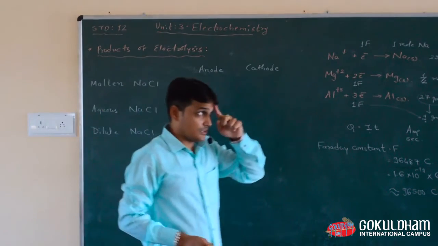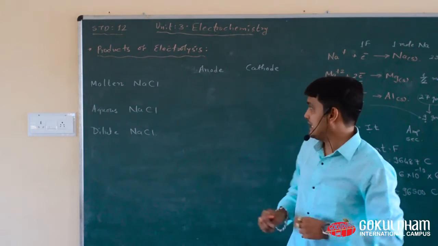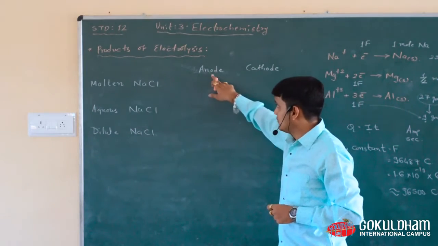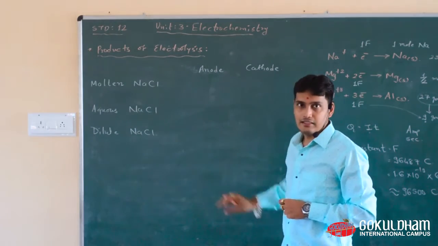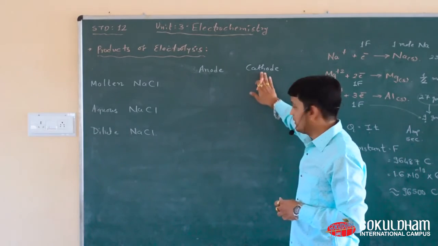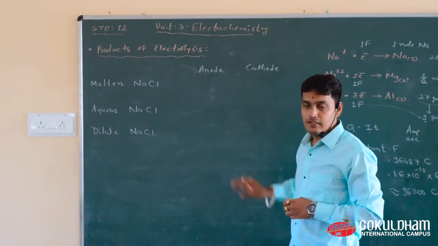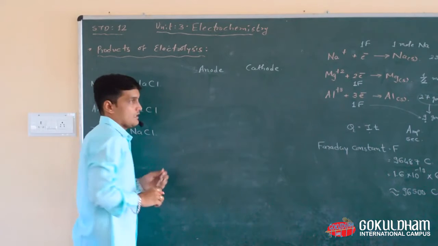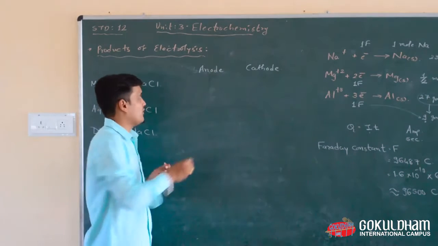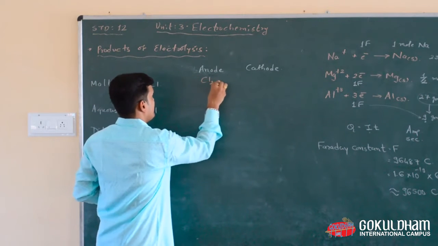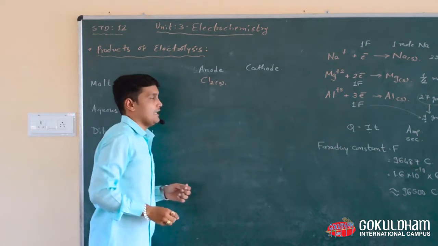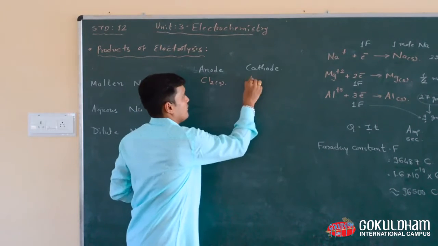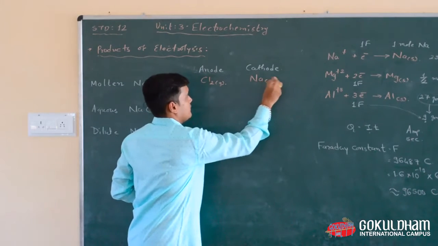in the starting of our lecture, I said that on the anode there is always the presence of gas, and on the cathode there is always the presence of metal. Then in molten NaCl, the anode gives Cl2 gas and the cathode gives Na solid.